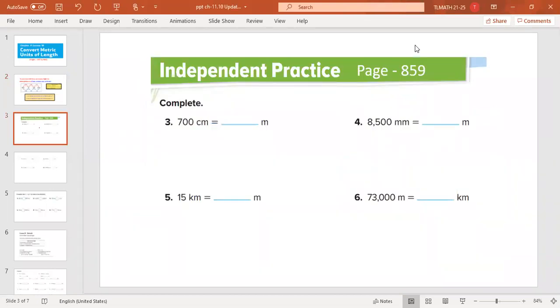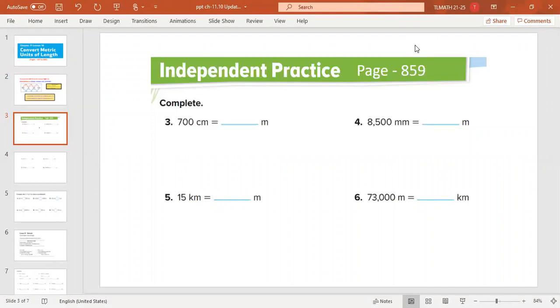Here are some questions in your book, which is the independent practice, page 859. Let's try to answer them using the same chart that I showed you before. When you answer this question, I want you to draw the diagram beside the questions.